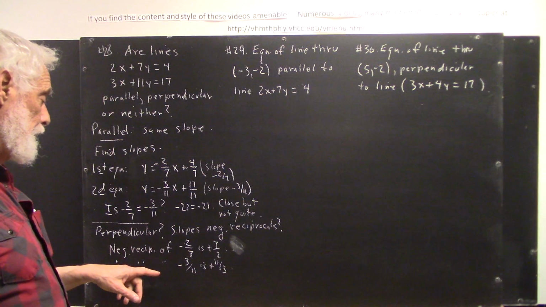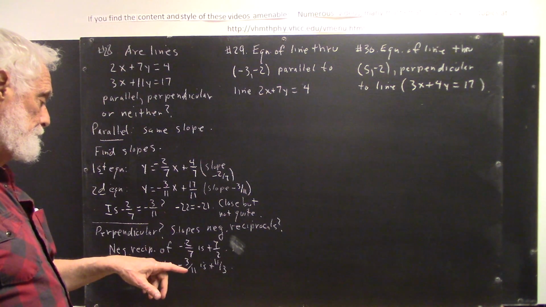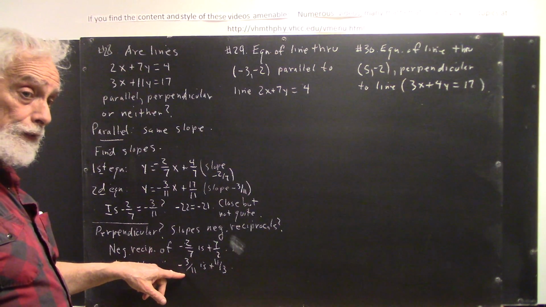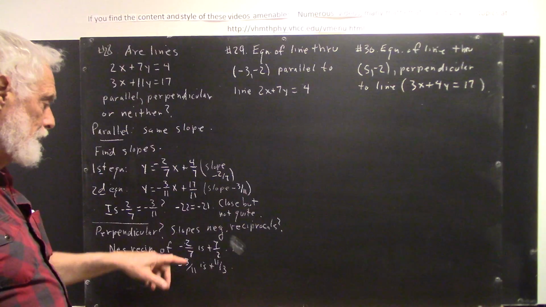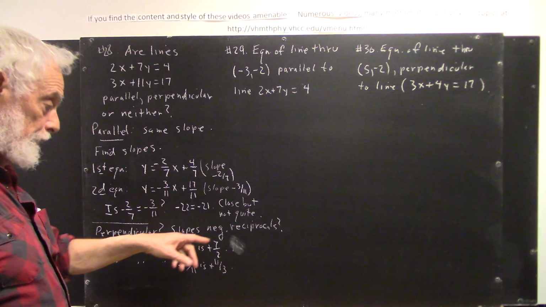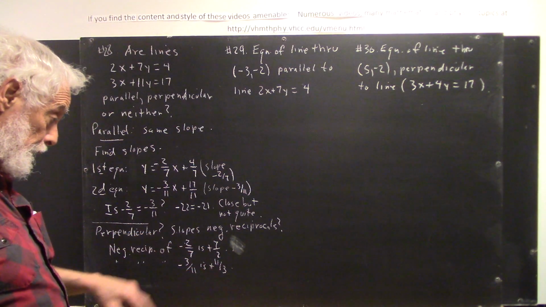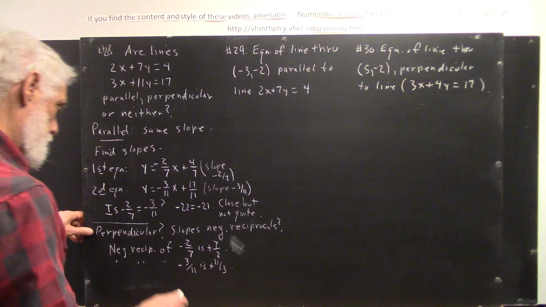Okay, the negative reciprocal of negative 3/11, well, we just said it. The negative reciprocal of negative 2/7 is 7/2, and that's not negative 3/11.